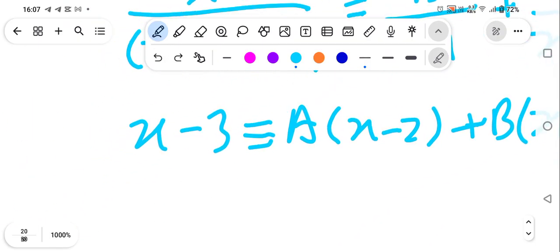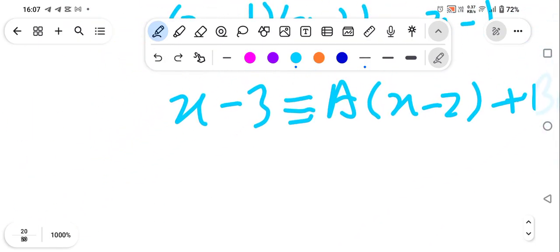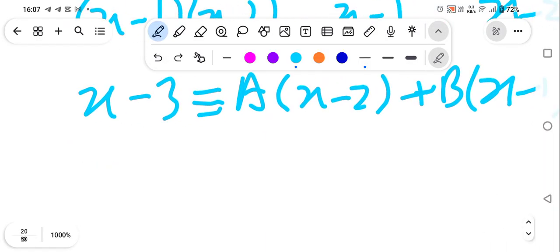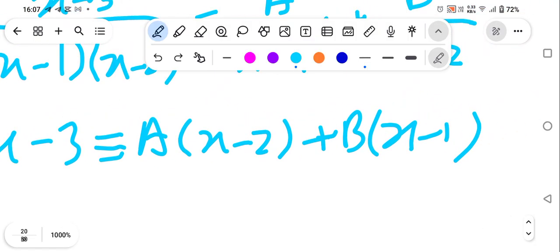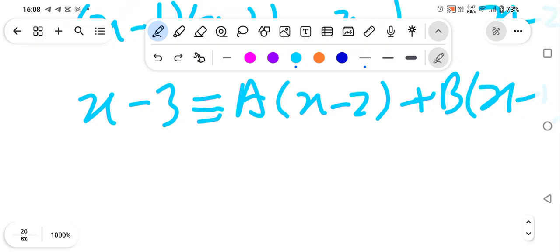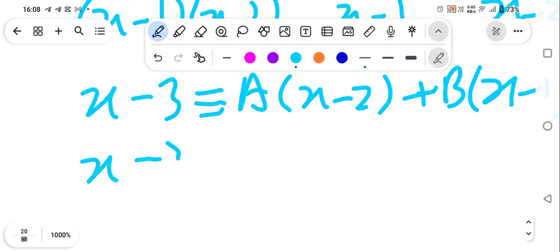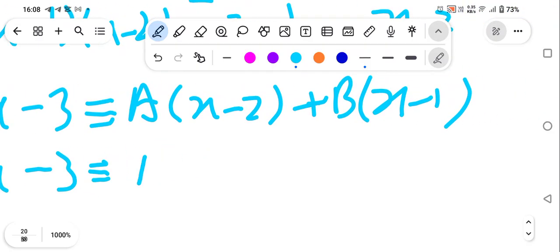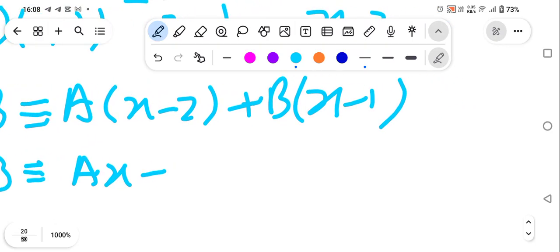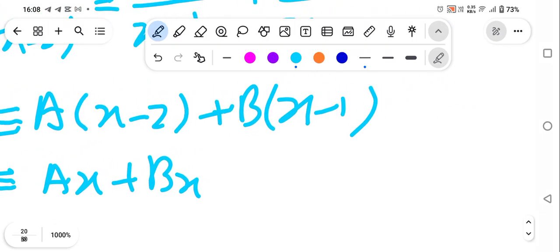So now I'm going to use the comparison method. Let's first express this in terms of x and constant. So x minus 3 will be similar to ax plus bx minus 2a minus b.